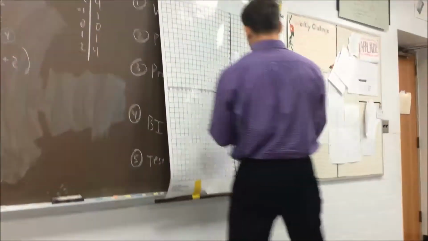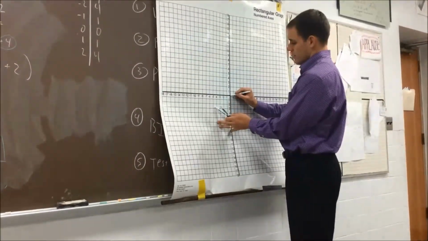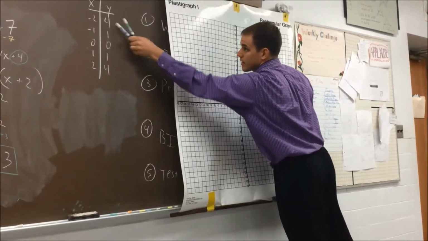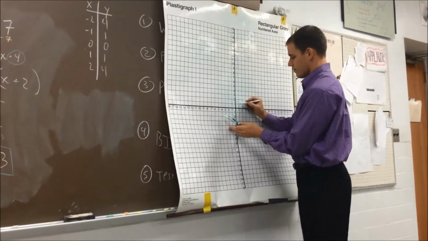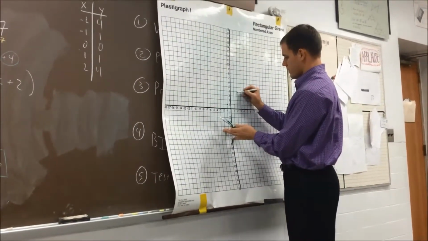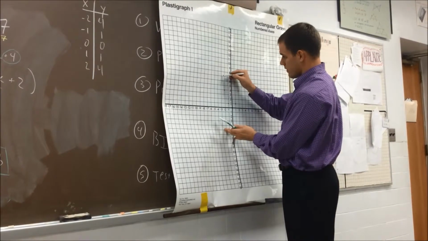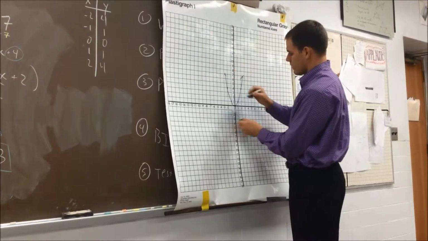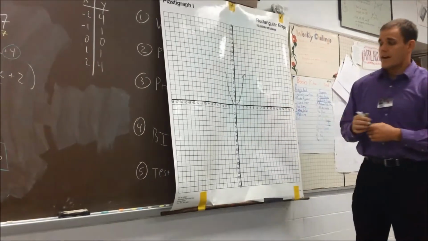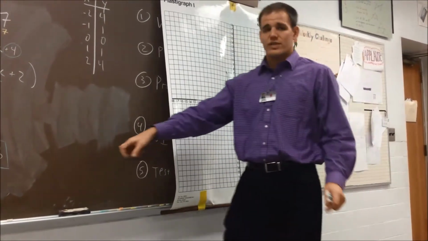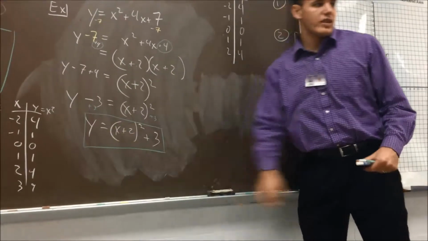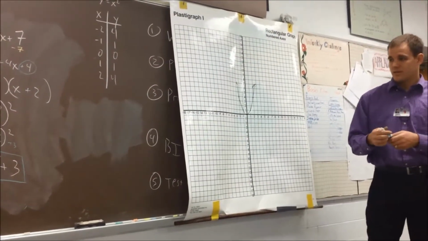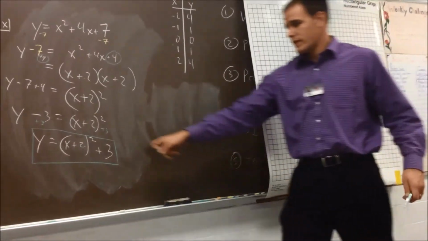I'm going to start with my original function again here. 0, 1s, then 4s. And this one doesn't have an a value in front, so this is pretty easy to graph. We just need to shift it which way? To the left, how many? Yep, we do the opposite of this.